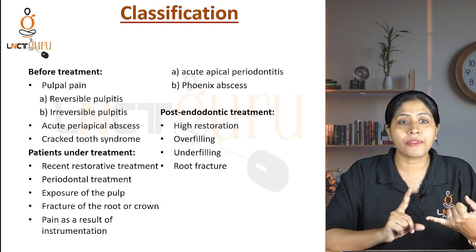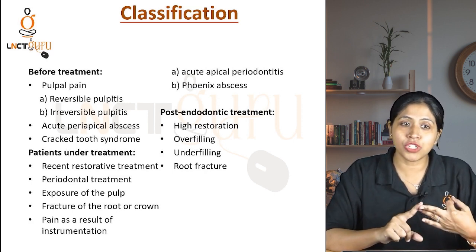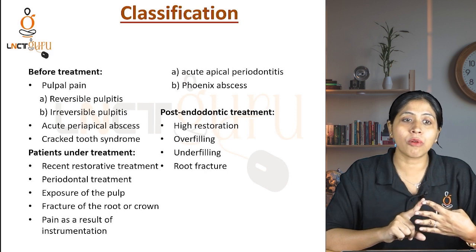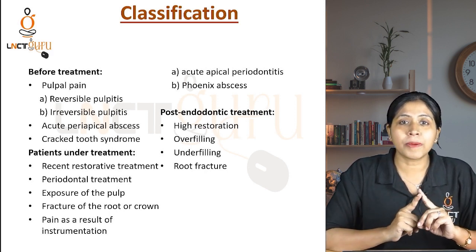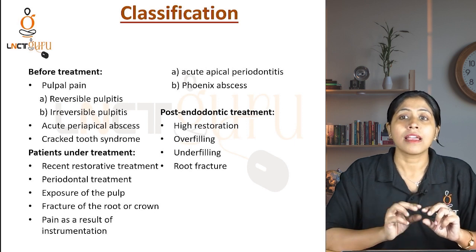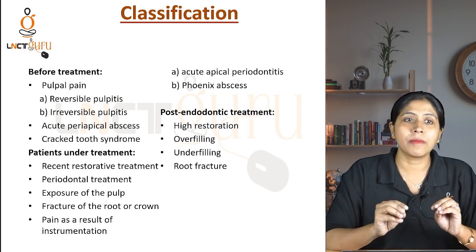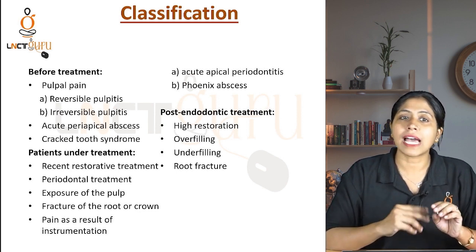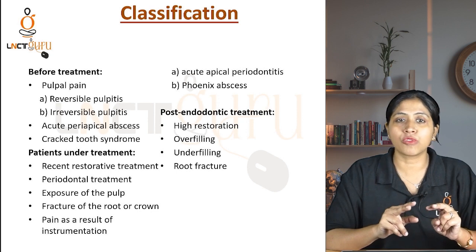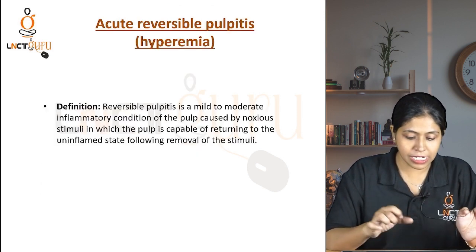Patients under treatment can have recent restorative treatment, periodontal treatment, exposure of pulp, fracture of root or crown, pain as a result of instrumentation, acute apical periodontitis, phoenix abscess, or iatrogenic causes, where some crown cutting must have been done that has caused this. Okay, and post endodontic treatment it is high restoration, overfilling, underfilling, root fracture, anything can happen. So we will discuss each of the classes in detail.